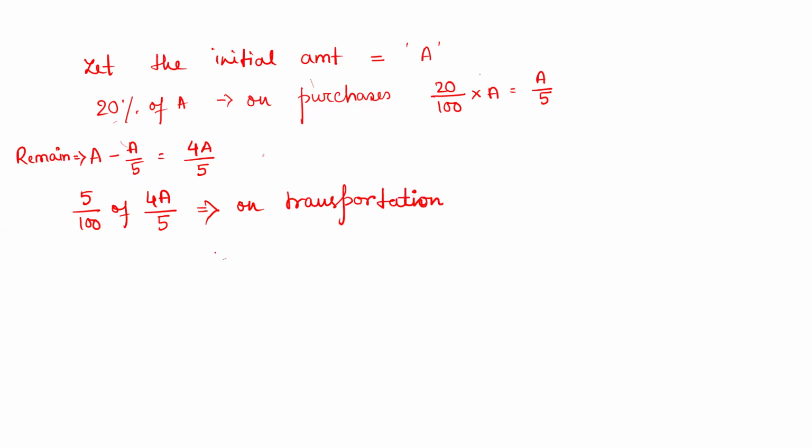Clear? It is very simple. So A by 25 was spent on transportation.